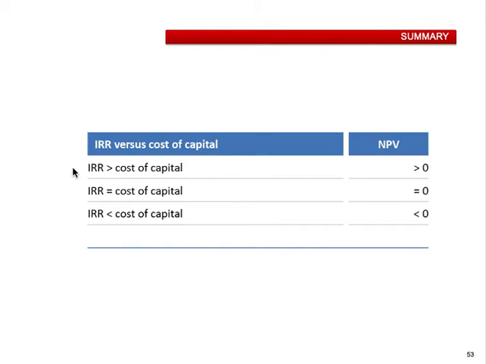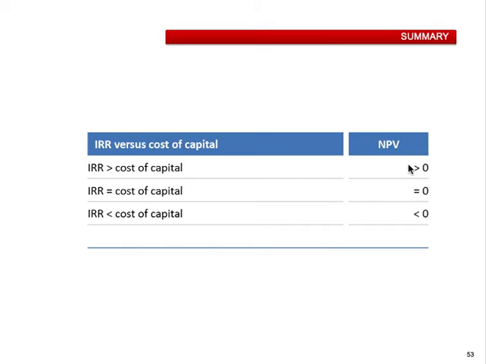So in sum, when the internal rate of return is larger than the cost of capital, like in the example in the previous slide, we would have a positive NPV. If the IRR is equal to the cost of capital, then we would have a 0 NPV. If the IRR is smaller than the cost of capital, then we would have a negative NPV.